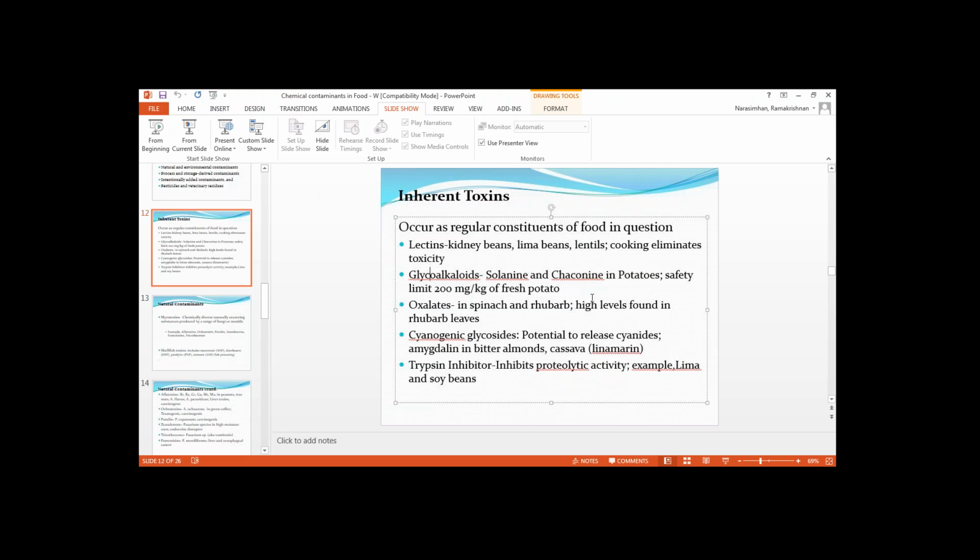The way you handle these materials, abrasion, mechanical damage, all these things will lead to stress, and that will result in increased levels of these glycoalkaloids. And the third one is oxalate.